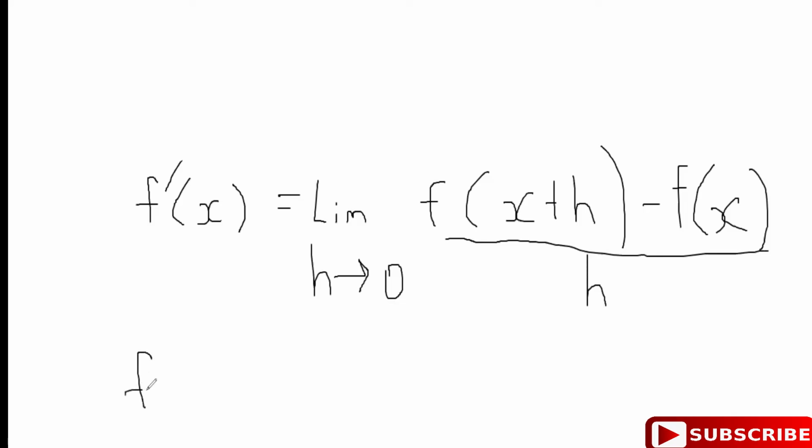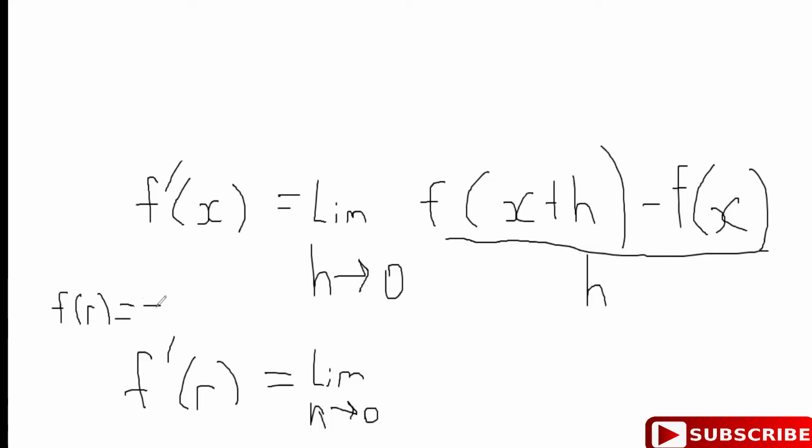And so therefore, in this case, f prime of r is going to be equal to the limit as h goes to 0 of, in this case, f of r is pi r squared. Let me just write that down. F of r is pi r squared.